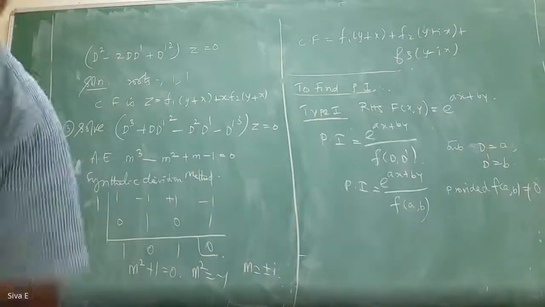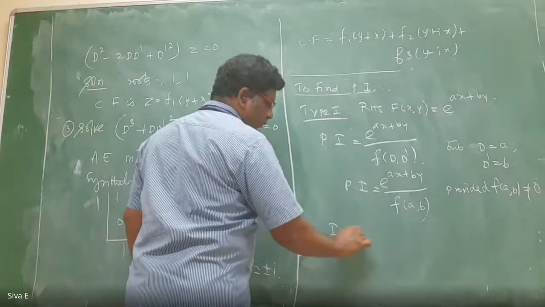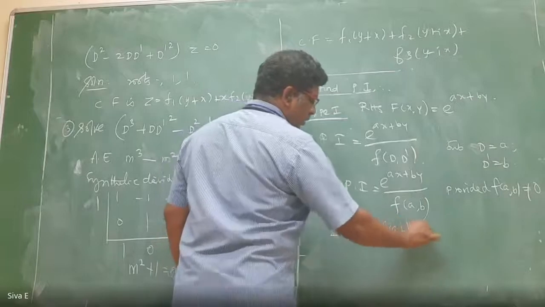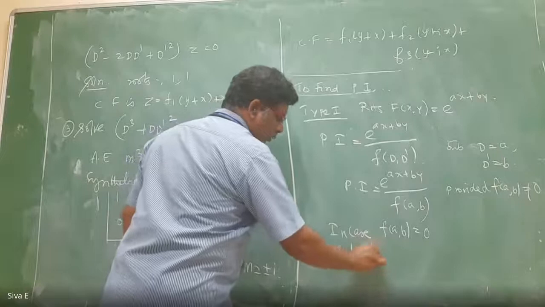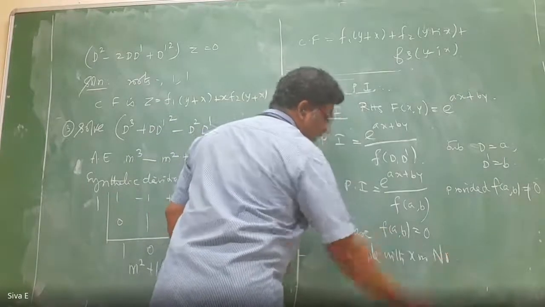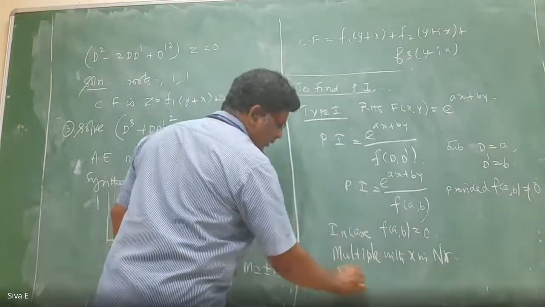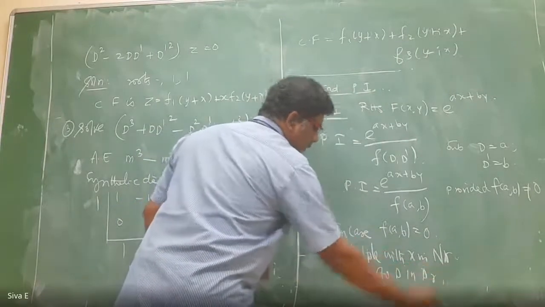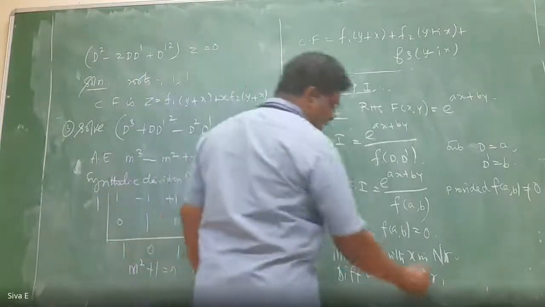In case f of a comma b equal to 0, then multiply with x in the numerator and differentiate with respect to D in the denominator.